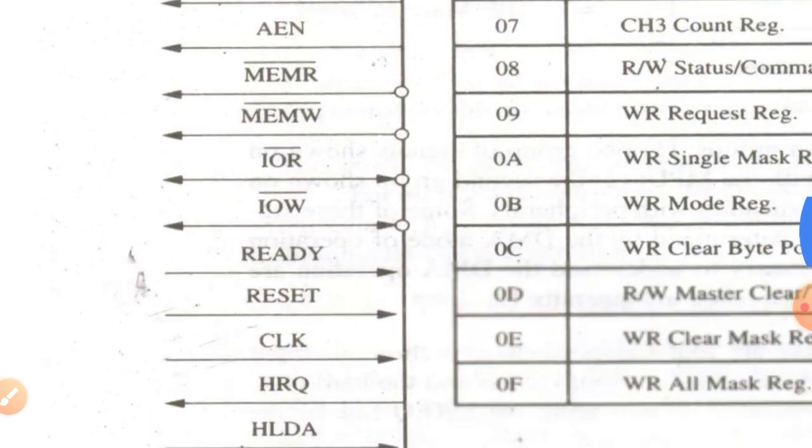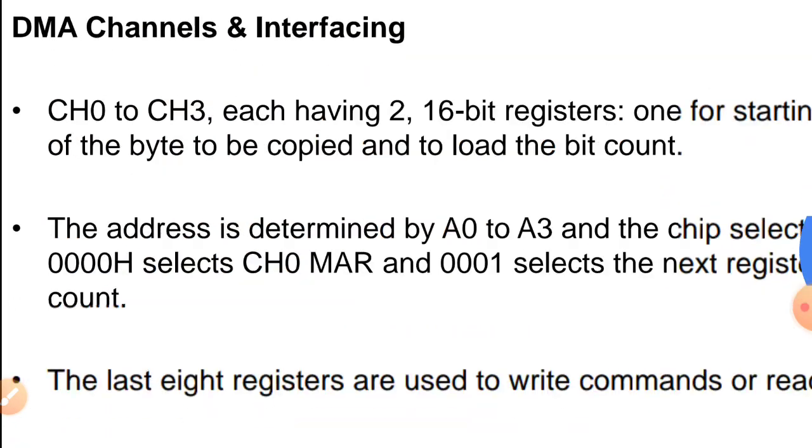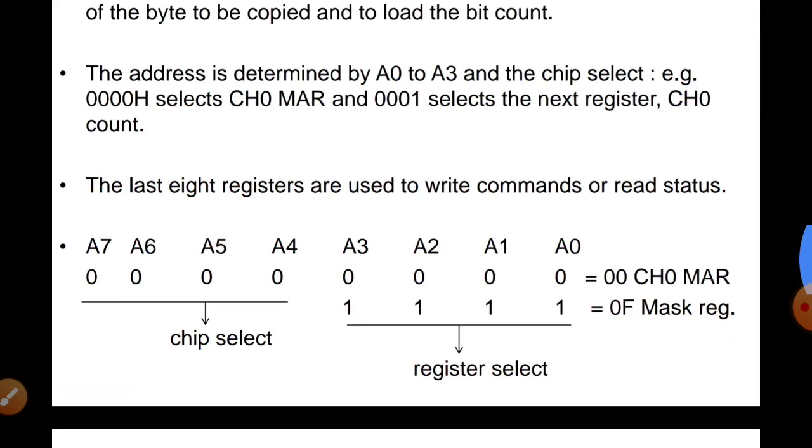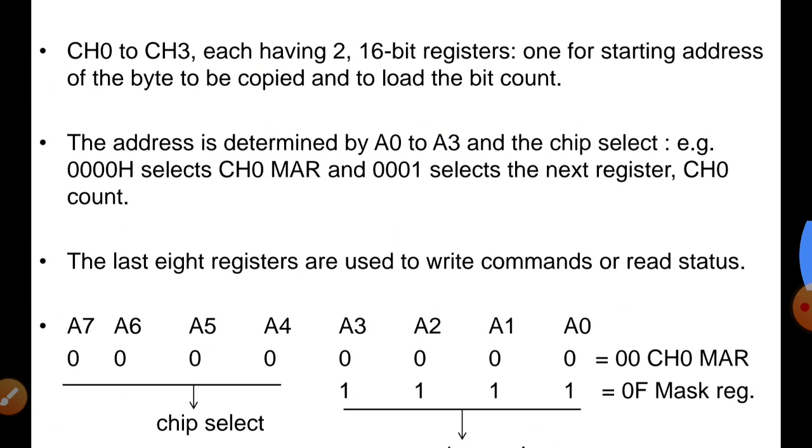So let me give you an example of how it is done. Now, the address, as I told you, is determined by A0 to A3. So different values of A0 to A3 are going to select the individual registers. In total we have 16 registers, out of which 8 registers belong to the 4 different channels.